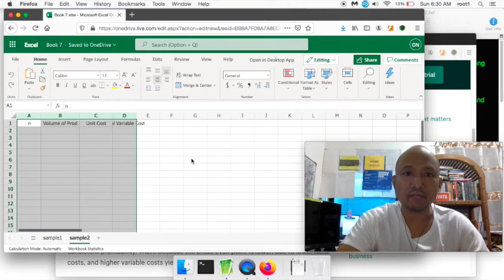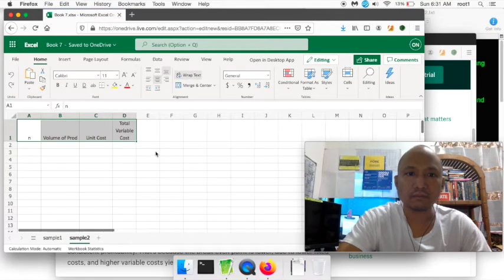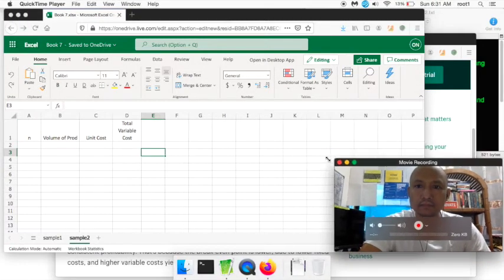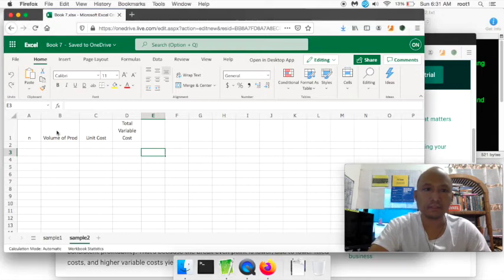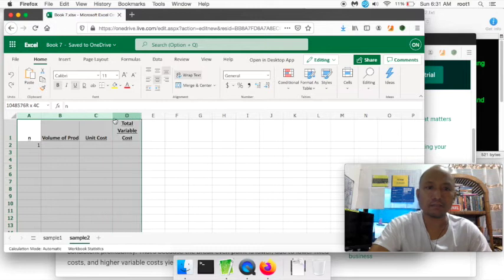I'm trying to find a wrap function there. Okay. Done. Much better. So for the first value, try to use the given value.